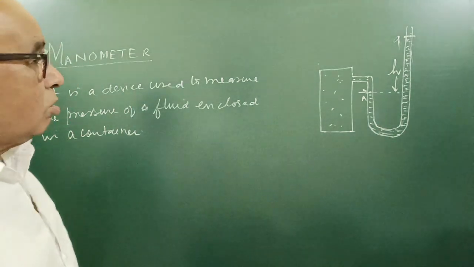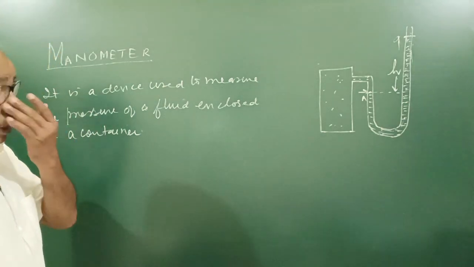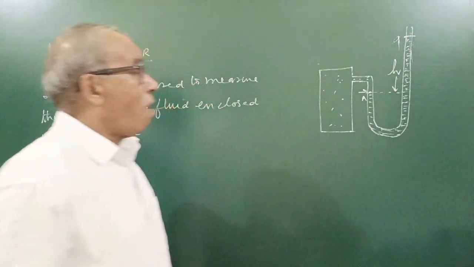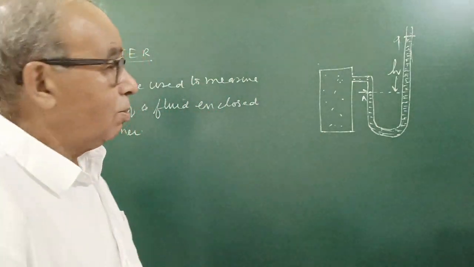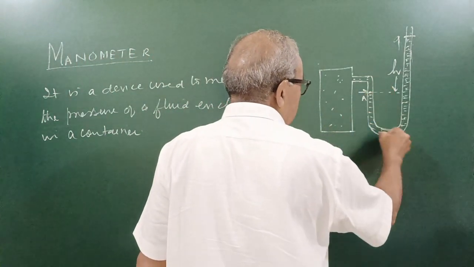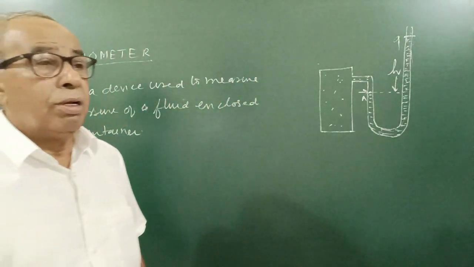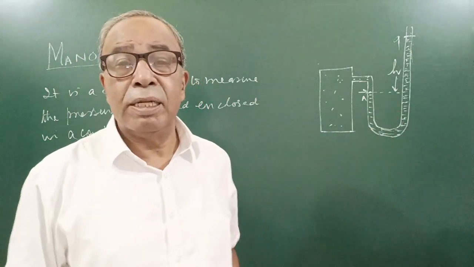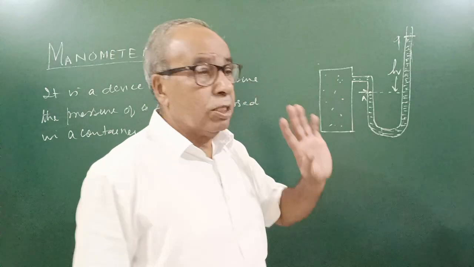It is used to measure pressure of liquid or gas in a container. It consists of a U-tube of transparent material like transparent glass or flexible plastic. It is filled with a liquid. We use a liquid of low density like an oil if pressure is low.